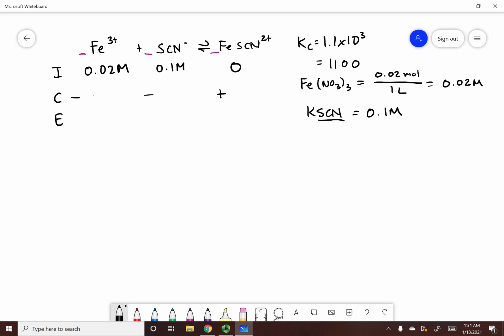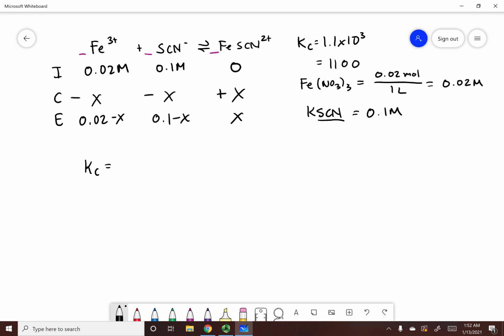That means I'm going to have minus x, minus x, plus x. So initial plus change equals equilibrium: 0.02 minus x, 0.1 minus x, and x are going to be my equilibrium concentrations.